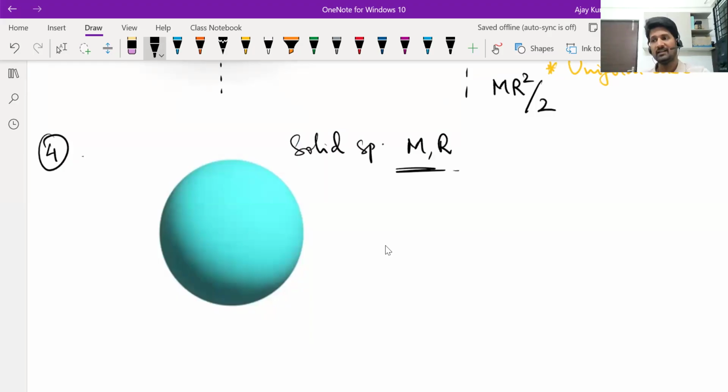What did we do? We treated the solid sphere as a collection of hollow spheres, shells. Okay, because we had already derived the moment of inertia of a shell, we used it. That's fine. And we wanted the moment of inertia of the solid sphere about an axis passing through its geometrical center. That's what we derived in the last class.